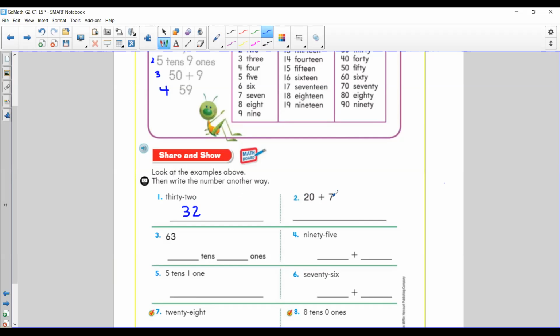20 plus 7. Well, there's a 20 and there's a 7. So 27. So we could write it like that, 27. Or we could write 2 tens and 7 ones.